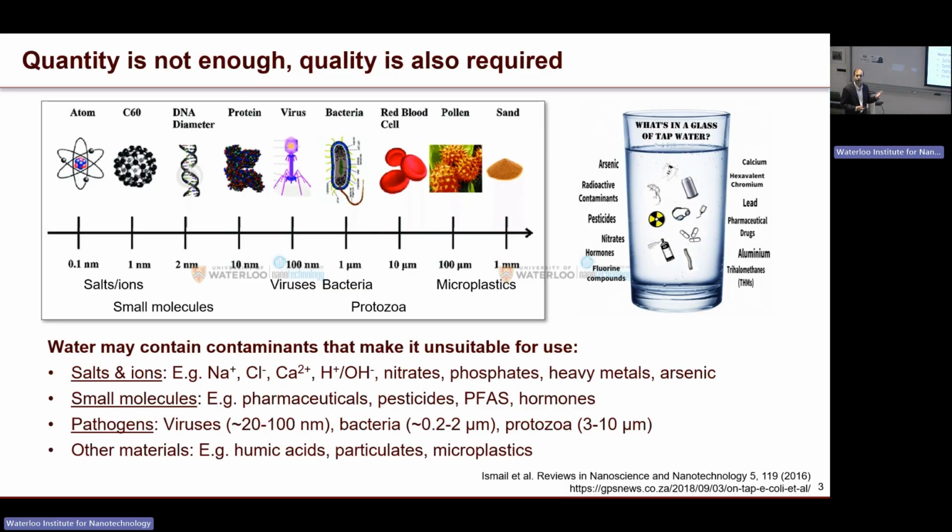Then there's pharmaceuticals, pesticides, and all of these things, and their degradation products that can make their way into water. There's, of course, bugs that can cause sickness, and then there could be particulates, microplastics, and so on. So there's a lot of issues in the water space. So if we want to make water potable for agriculture or other uses, we may have to remove some or many of these contaminants.